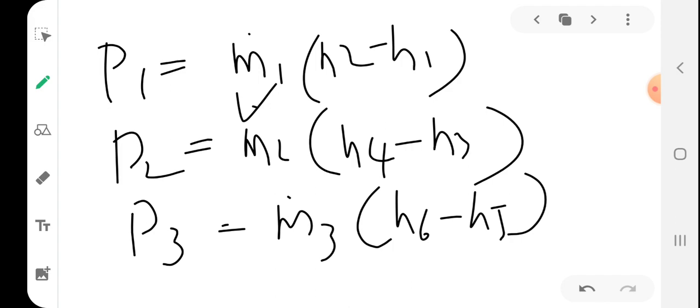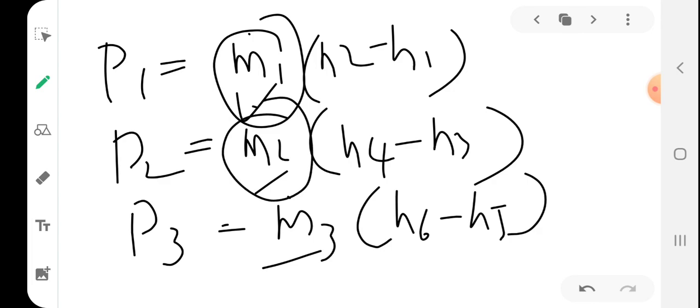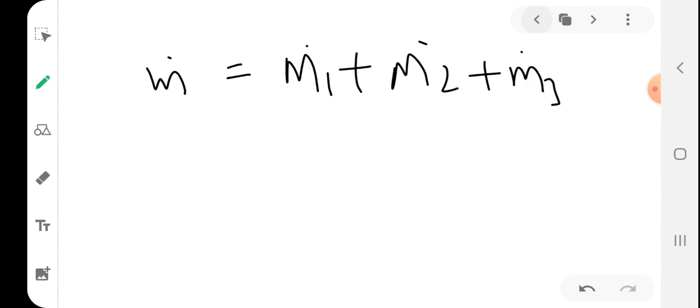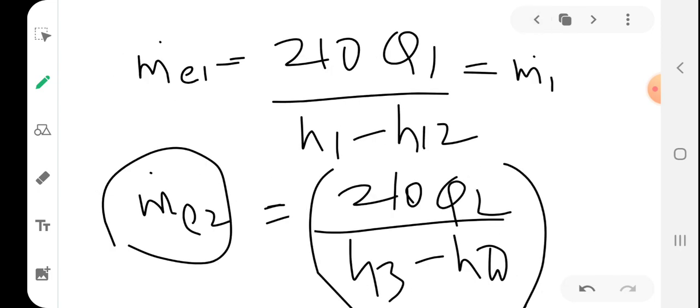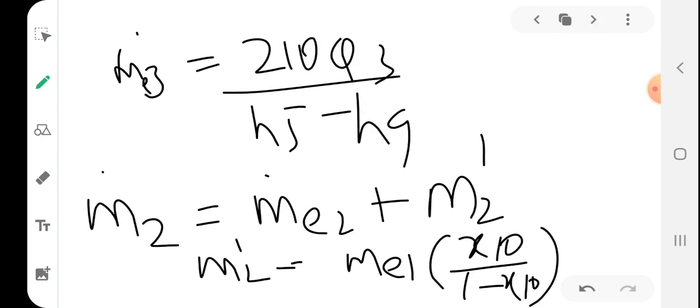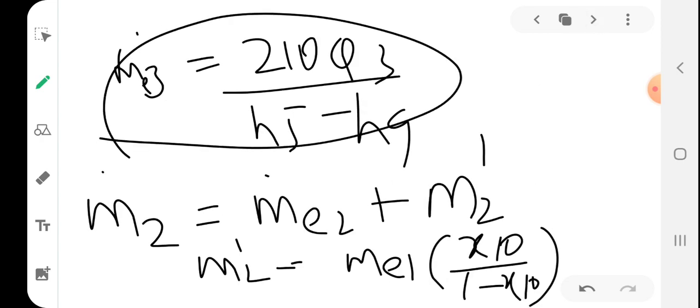So it is very important that you should be able to determine the value of mass flow rate through each of the evaporators or each of the compressors. Then only you can calculate the refrigerating effect and individual power. So you should be careful enough that m1 dot, m2 dot and m3 dot are found like this, because we cannot calculate simply based on these equations alone.